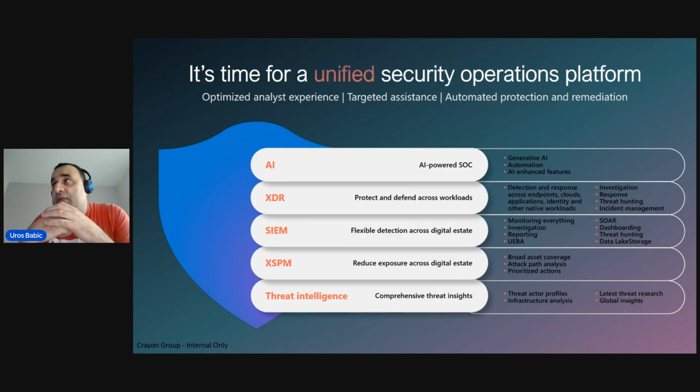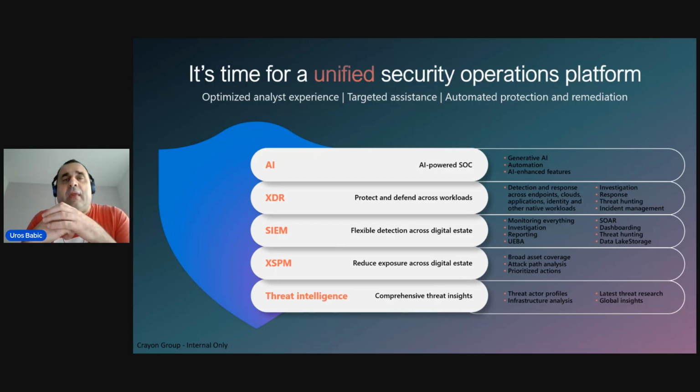That is a benefit. Next, there is AI-powered security operations with generative AI and agentic AI in Security Copilot, with many automations and AI-enhancing features, finding a way to use generative AI for automatic attack disruption in Defender XDR.